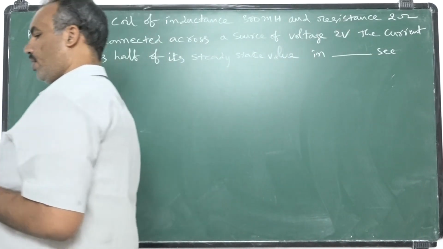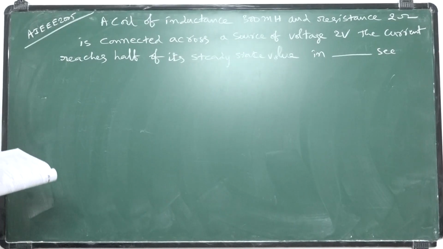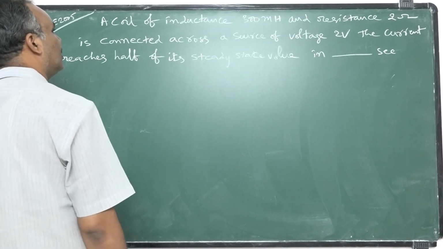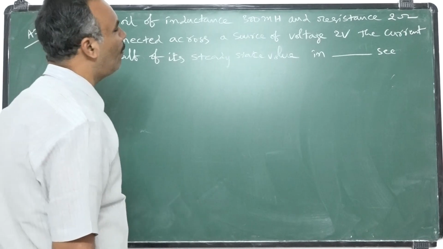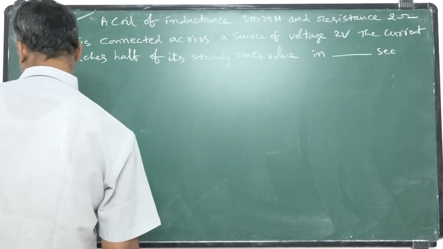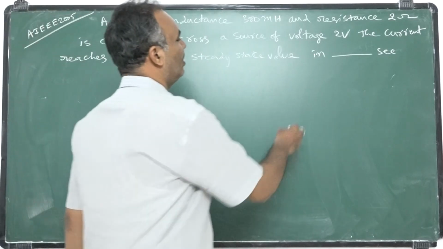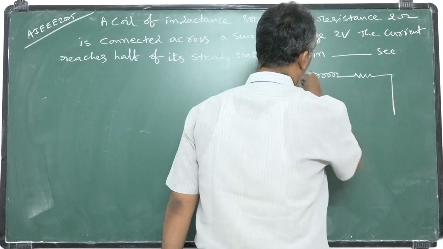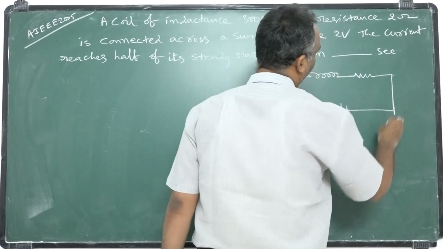So you are required to find the time taken by the current to reach half of the steady state value. Here it is an LR circuit with a DC supply. It's not AC supply, it is DC supply. So here is an inductor and resistor connected to a cell.